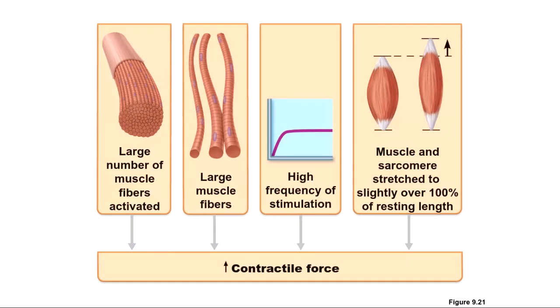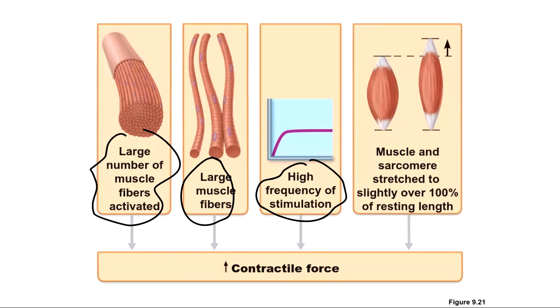So if we want to increase contraction, we want to stimulate the large muscle fibers of a muscle. But to do that, we stimulate with a high frequency of stimulus, and we have to stimulate a large number of muscle fibers. Muscle and sarcomere will stretch to slightly over 100% to give us the maximum force of contraction.